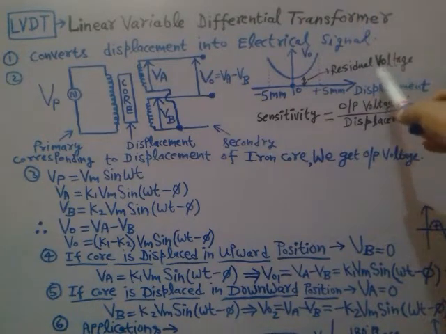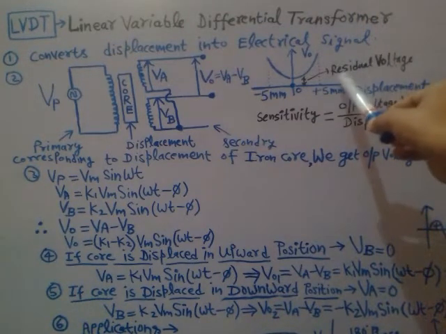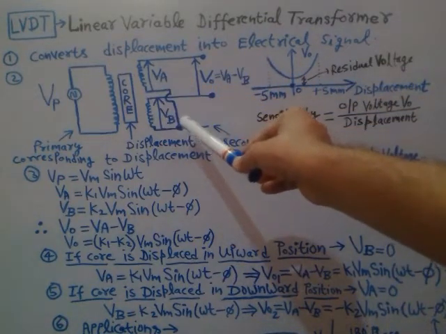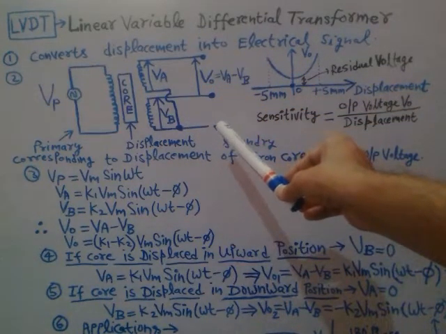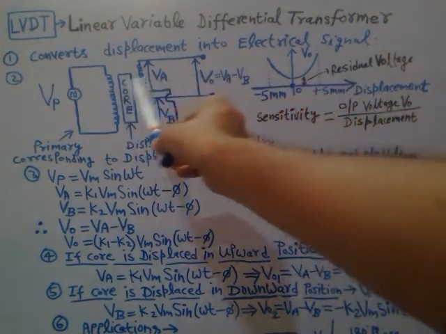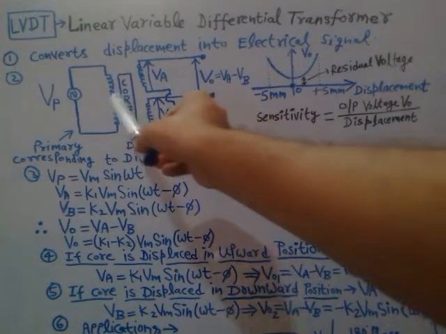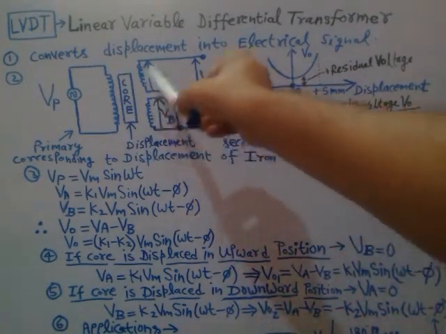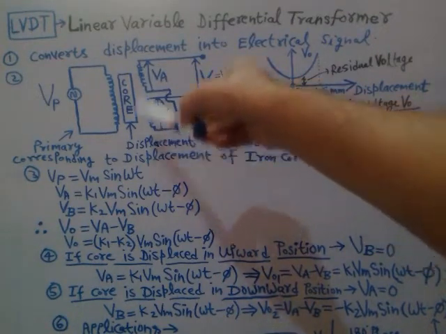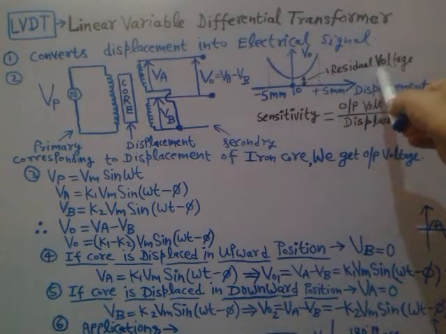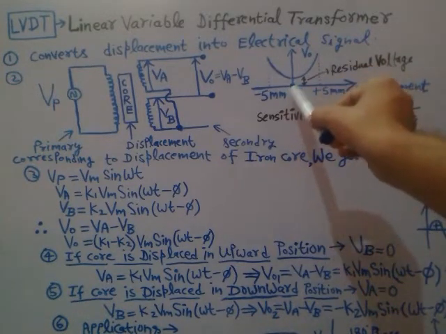Residual voltage is the voltage that is already present in the winding, because you have performed the experiment and the core and windings get magnetized, so some voltage is initially present in the winding. Next time when you perform the experiment, there will be some residual voltage, so it is slightly shifted from the origin.